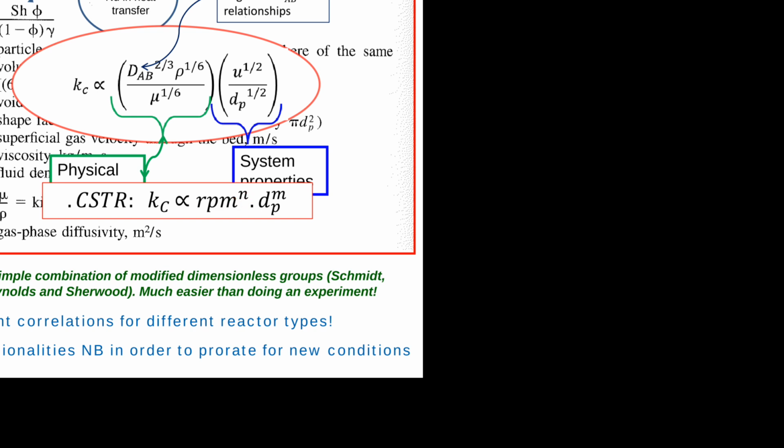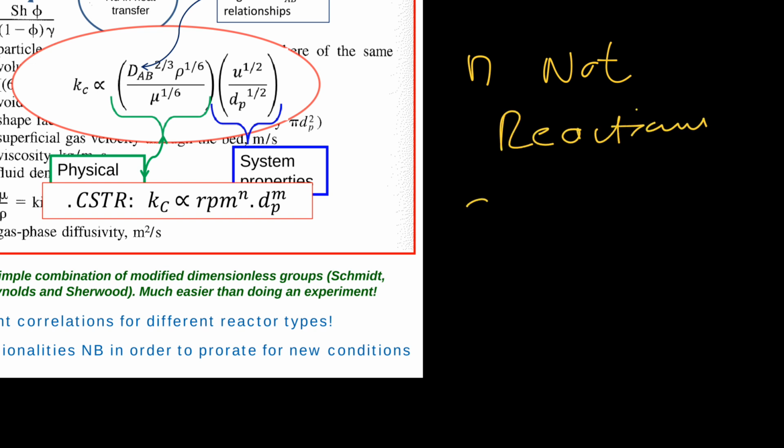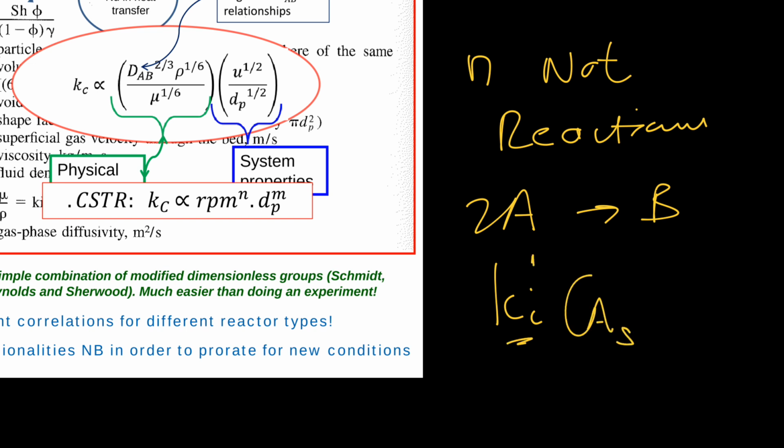Just on a side note over here, and I've had some confusion in the past, that n is not related to my actual true reaction order. So if I have 2A that goes to B, and I tell you that it's an elementary reaction rate, and you can say therefore my intrinsic rate is Ca, as it is at the surface, to the power of 2. That and that n is not the same.